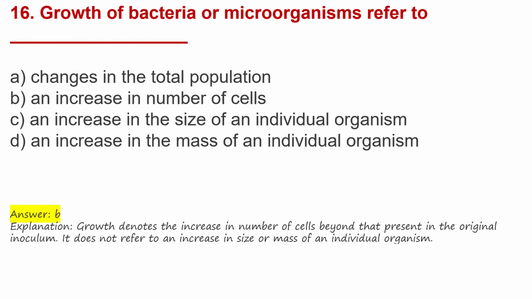Growth denotes the increase in the number of cells beyond that present in the original nucleus, and it is not referred to as an increase in size or mass of an individual organism. So growth is associated with an increase in the number of cells.